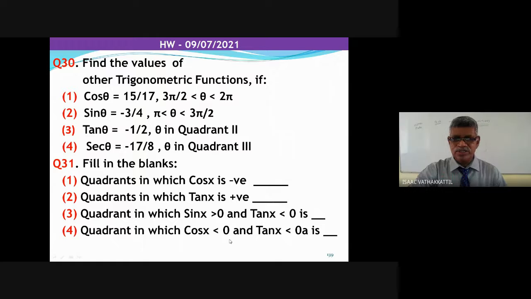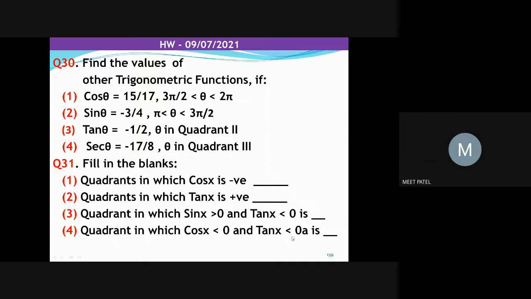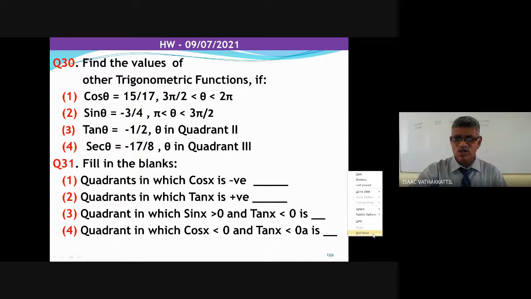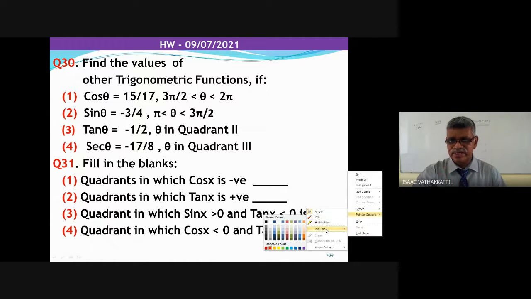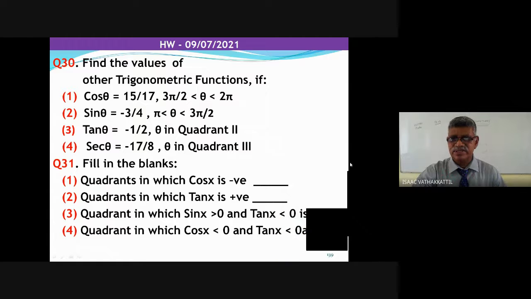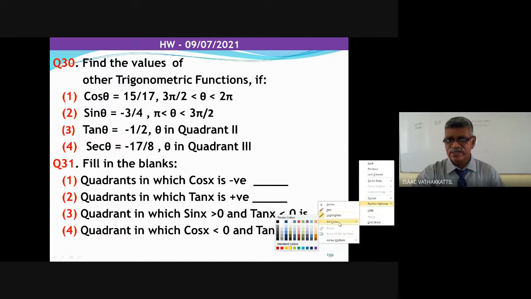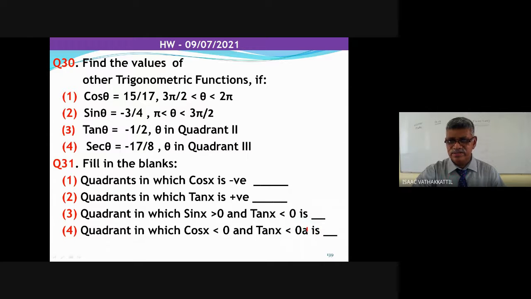Quadrants in which cos is negative and tan negative: second. Cos and tan both negative, correct, second quadrant.